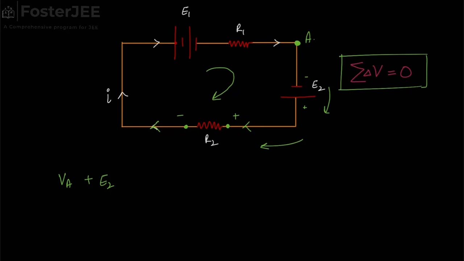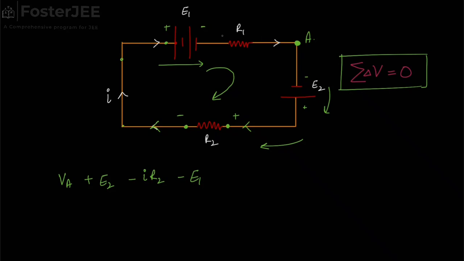So if this is at higher potential and this is at lower potential, that means we are moving towards lower potential. So the potential drop will be negative: negative of I into R2. Now we have come to this point, and then this point. Now this part is at higher potential and this part is at lower potential. Again we are moving towards lower potential. So hence minus E1.